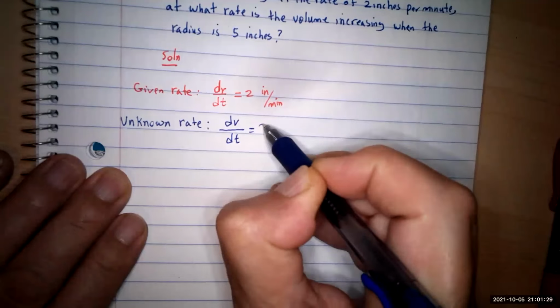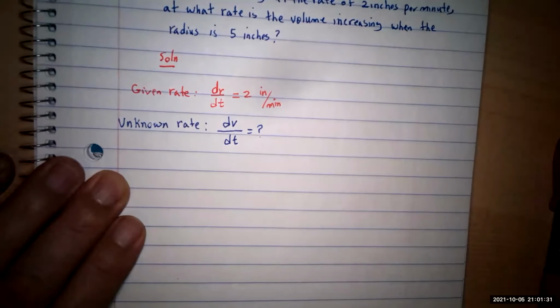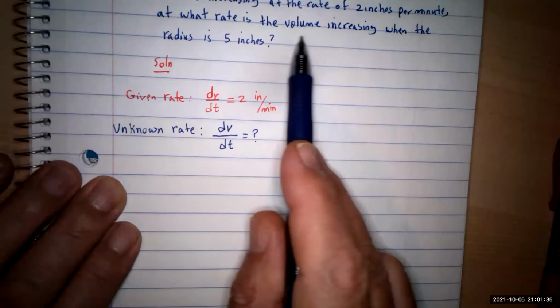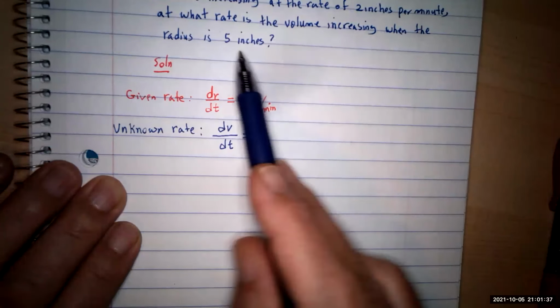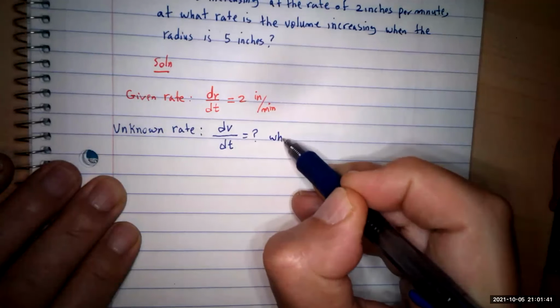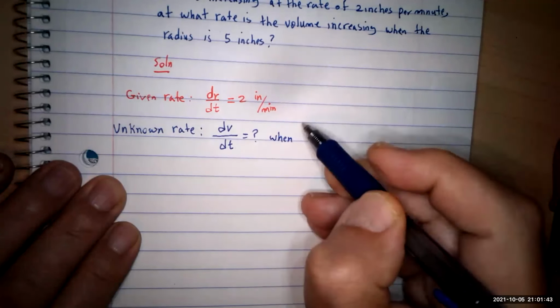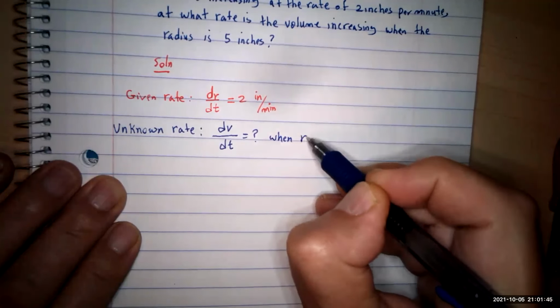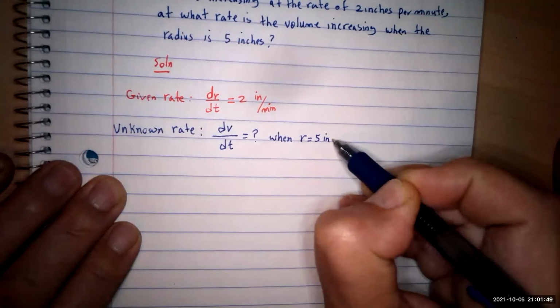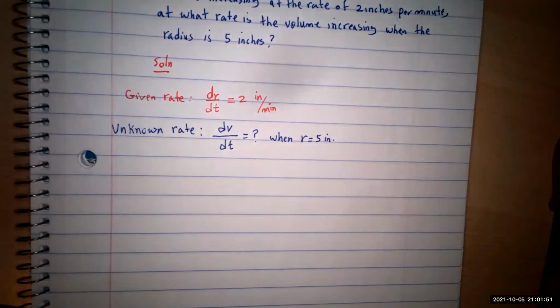This is what's missing. Any extra information? Yes: at what rate is the volume increasing when the radius is 5 inches. So they give you a level: when r, the radius, is equal to 5 inches. Any question?